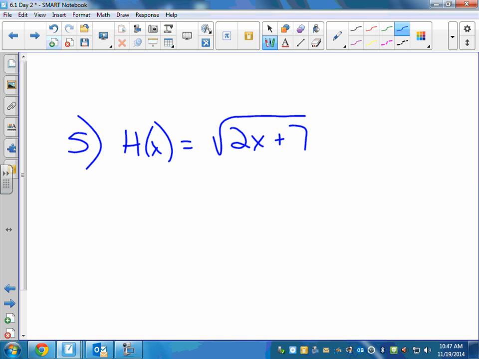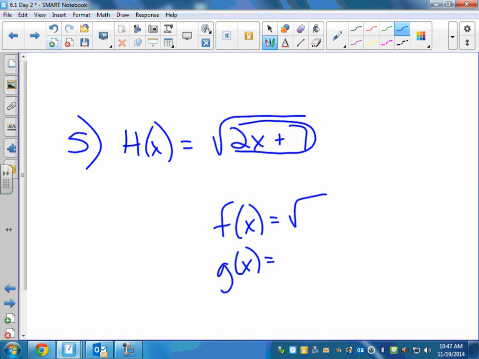What is the outermost part of this function? The square root. So what if I said the outside is square root? Let's just leave it alone for right now. The inside, this is all inside the square root to me.